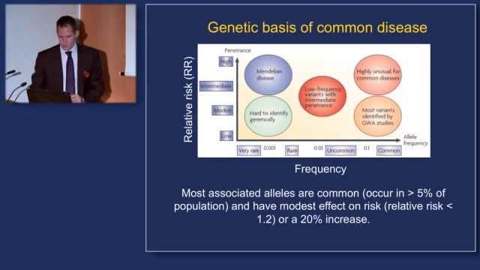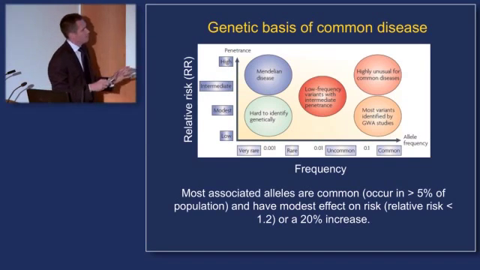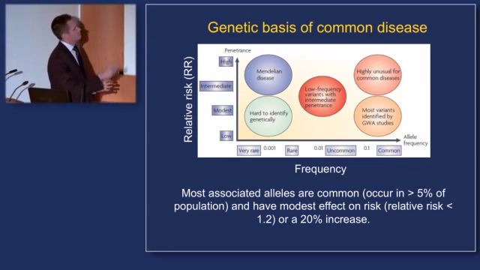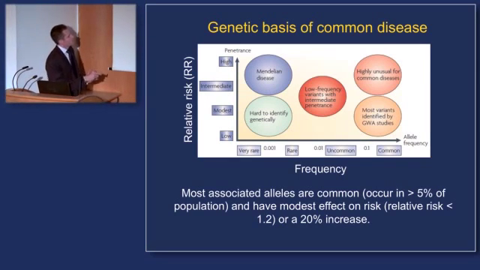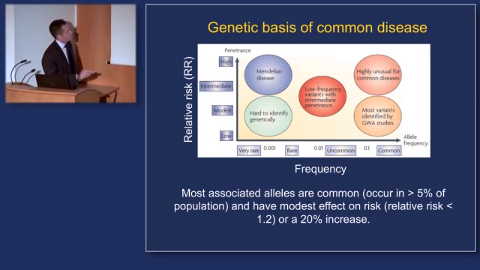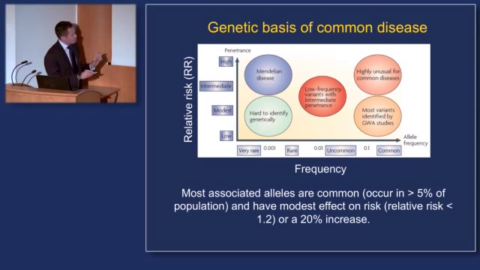Okay? So just to put this into kind of the bigger picture, and Peter described different parts of this chart up here to you, we can think about how frequency of disease mutation and these relative risks fit together across the full spectrum of genetic influences on disease. The part that I've just told you about and the part that I'm going to talk about in this little snippet are the genetic mutations that are actually quite common in the population, say up to 10%, 20%, 30%, so they're very common.